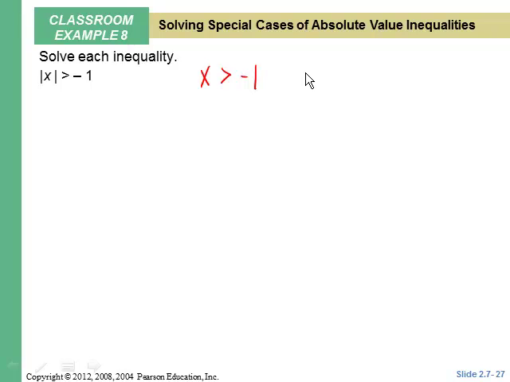Okay? So x is greater than negative 1, or x is less than positive 1. No, that can't be, because it can't be less than positive 1. I must have made a mistake there. Just a second.